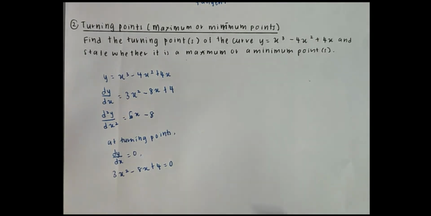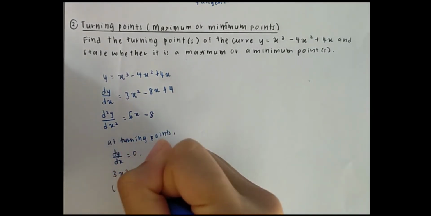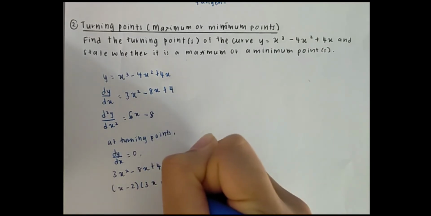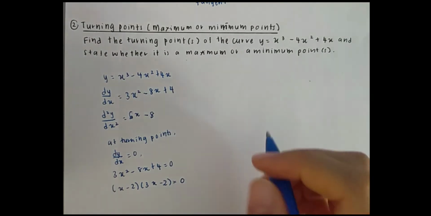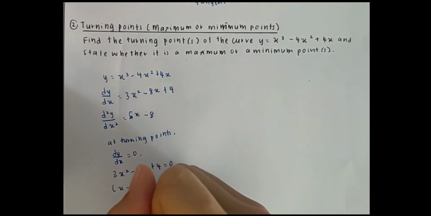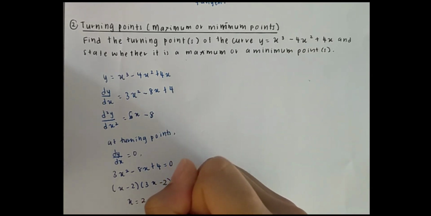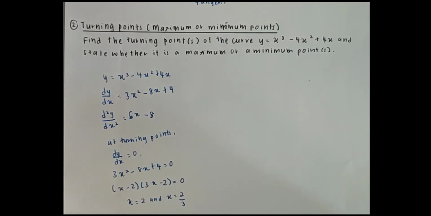We need to factorize this equation in order to find the x of the turning points. So we will get (x minus 2)(3x minus 2) equals 0. Then we get x equals 2 and x equals 2 over 3.